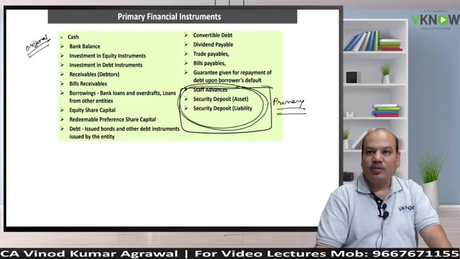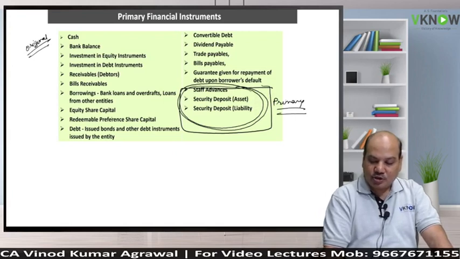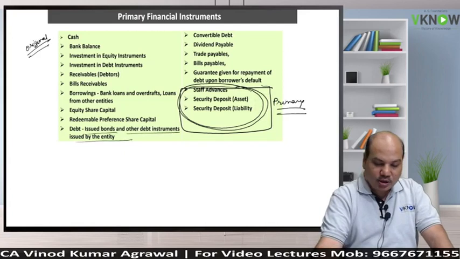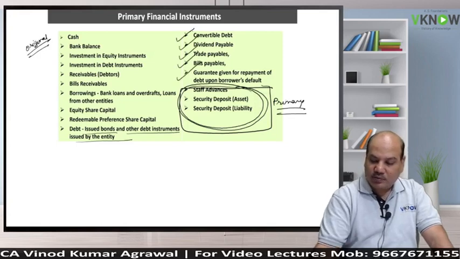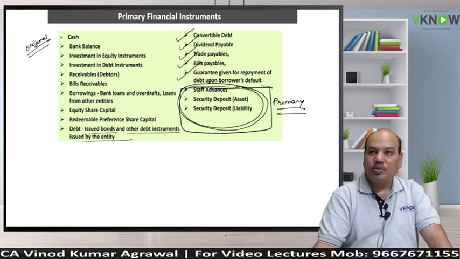Examples of primary financial instrument: cash in hand, bank, investment in equity instrument, investment in debt, receivable, bills receivable, borrowing, share capital, redeemable preference share capital, debt, issued bond, other debt instrument issued by the entity, convertible debt, dividend payable, trade payable, bills payable, guarantee given for repayment of debt upon borrower's default.